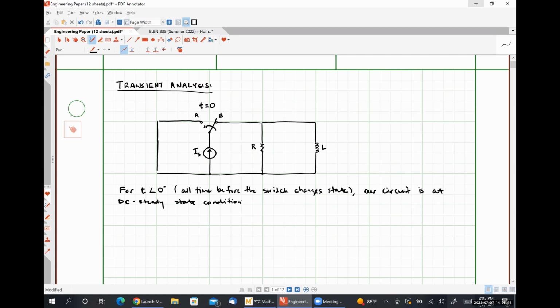All this really means is that we treat the circuit as if it were a DC circuit before our switch changes states.